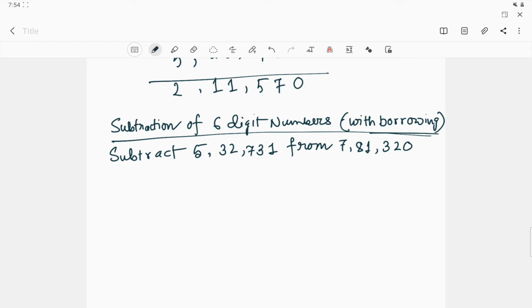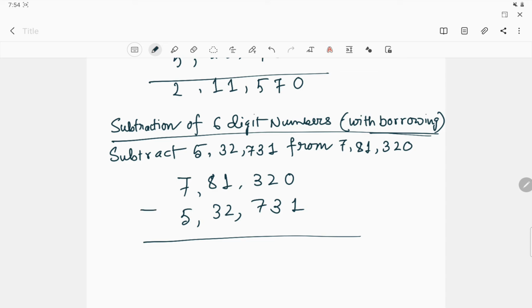With borrowing. So let us take an example. Subtract 5,32,731 from 7,81,320. So you have to write the bigger one and the smaller one is 5,32,731.